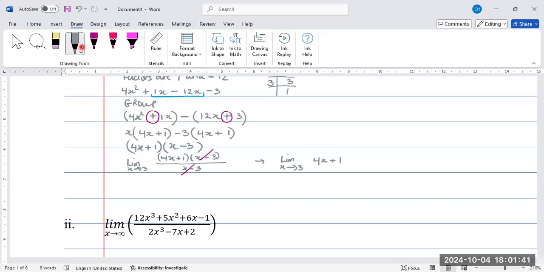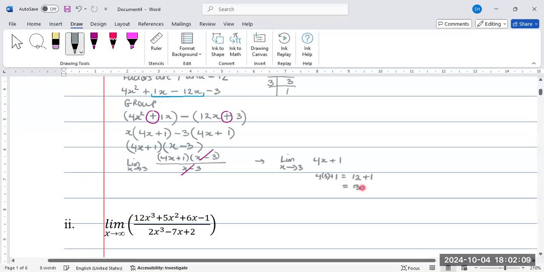Because I would have just reduced my original question, assuming x to be 3: 4 times 3 is 12, plus 1 is going to be equal to 12 plus 1, which is equal to 13.